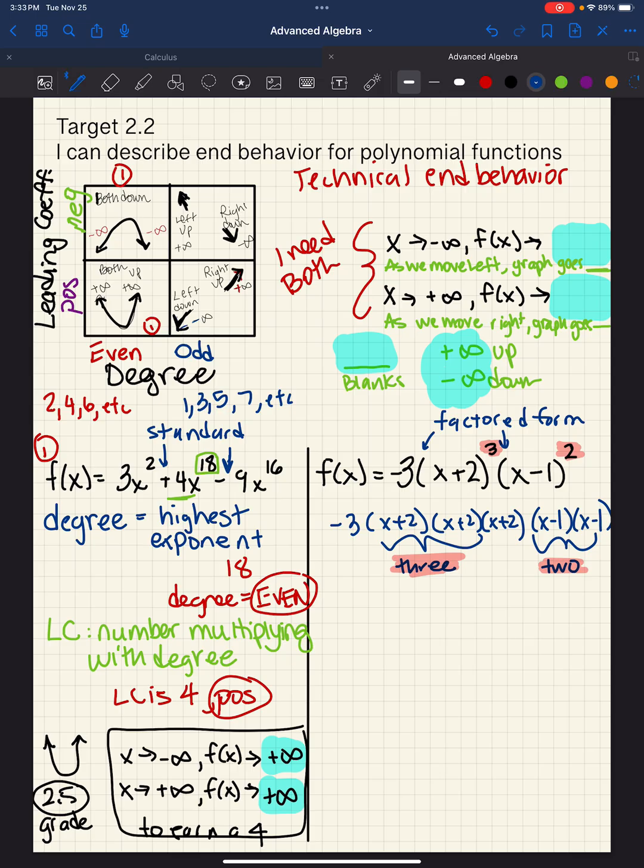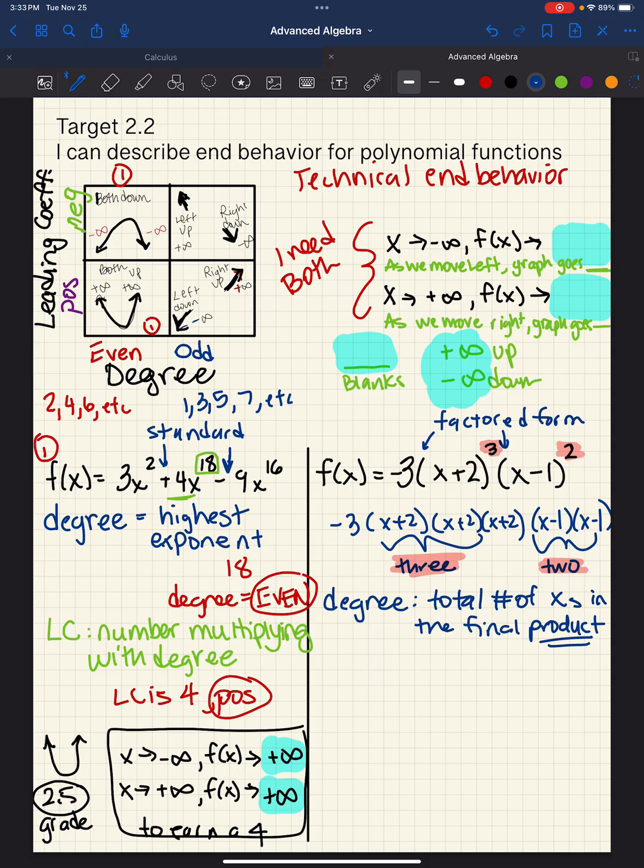So what is degree in factored form? Well, degree is the total number of x's in the final product. Remember, the word product means multiplication. So as we multiply all these out, it's really just also thinking about the total number, or counting.